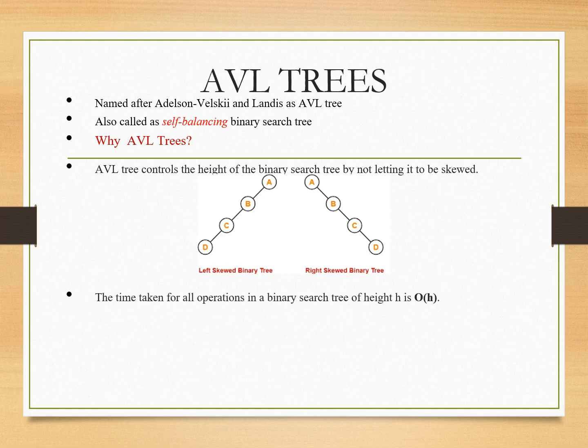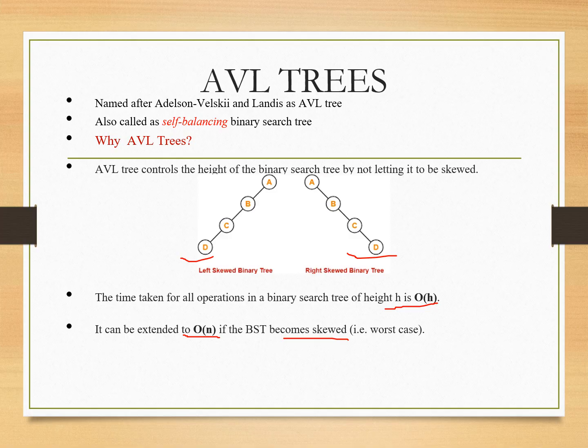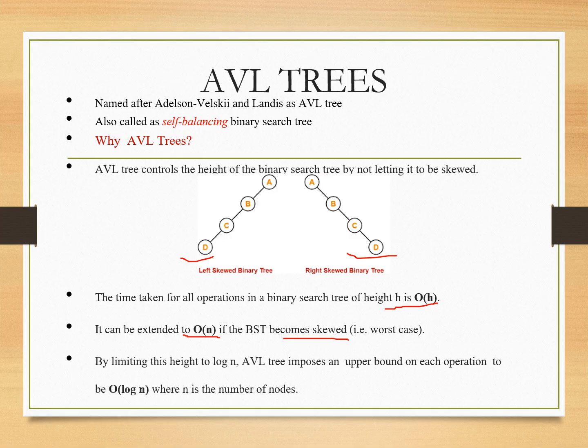The time taken for all the operations in a binary search tree of height h is always order of h. If the height is h, then the time taken for operations will be order of h. It can even extend to order of n when it is skewed like this, so in the worst case, left skewed or right skewed, the time complexity will be order of n.